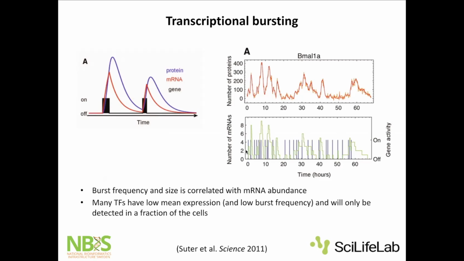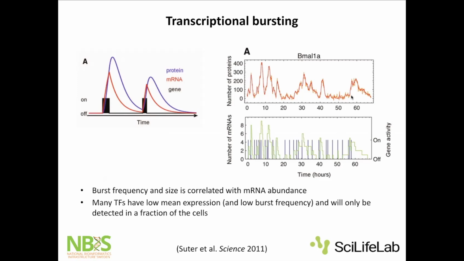So you might have a burst producing just one molecule, but quite often when a gene is turned on and you recruit the machinery, it will circle around the gene and produce multiple copies of RNA. And if the bursts are frequent, you will accumulate and have a high amount of mRNAs. If there's a higher distance between the peaks, then you will have time points like here where we have no copy of the mRNA.